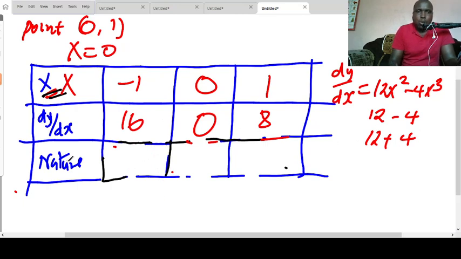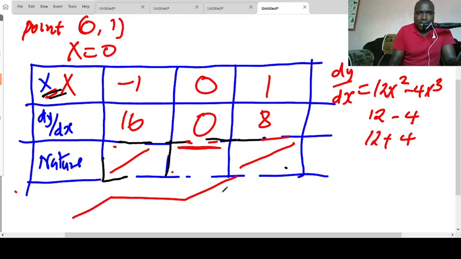So now 16 is positive, so inaenda juu. 0 ni 0, so kwa sababu imeenda juu, so hii 0 itakuwa hapo juu. 8 bado ni positive, so itaenda juu. Umeona sasa? So this one is this, this, this, and that is a point.